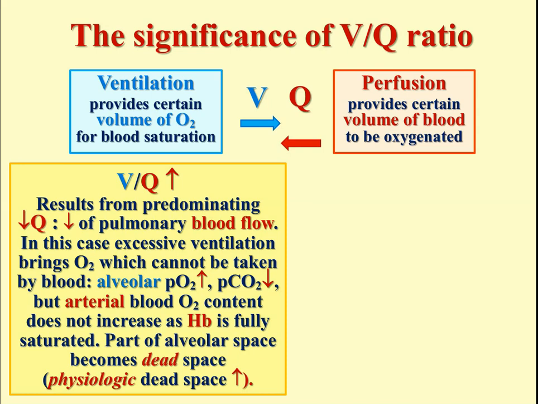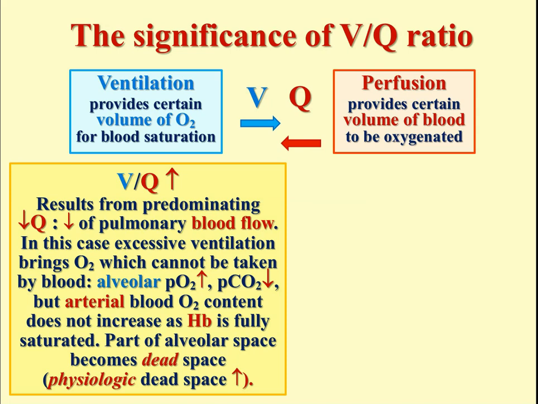So alveolar value of PO2 increases, PCO2 decreases because blood takes less oxygen than is supplied. As a result, nevertheless, arterial blood oxygen content does not become higher because hemoglobin under normal conditions already is saturated almost up to 100%. So blood cannot take more oxygen than hemoglobin can bind.